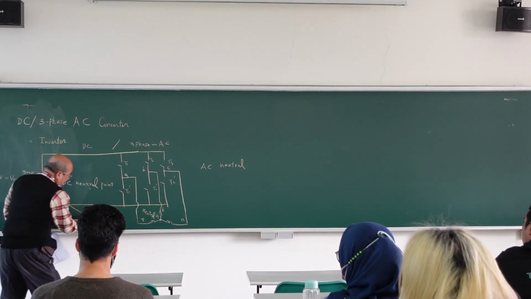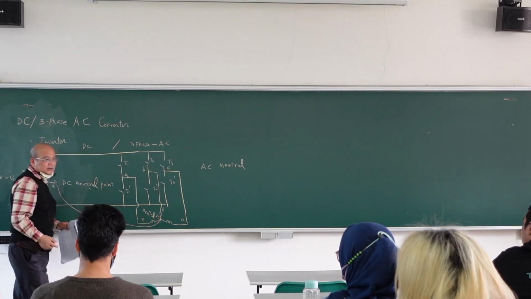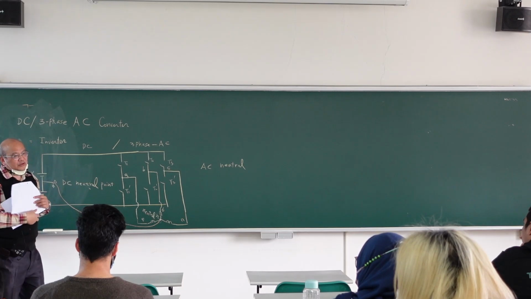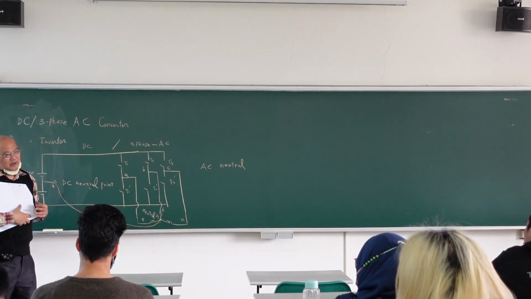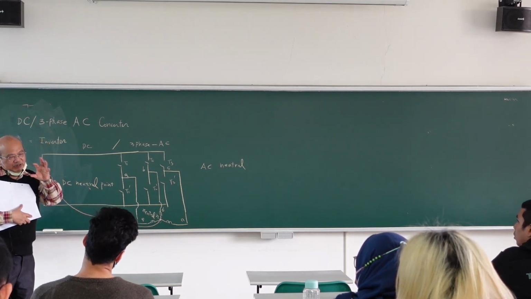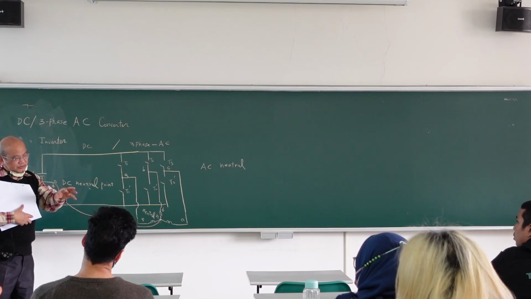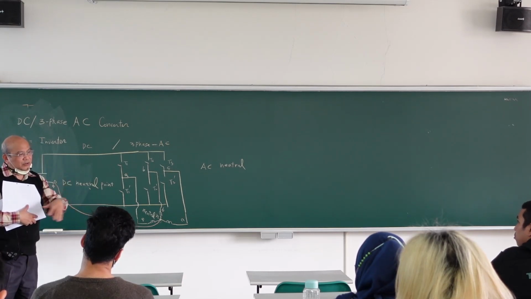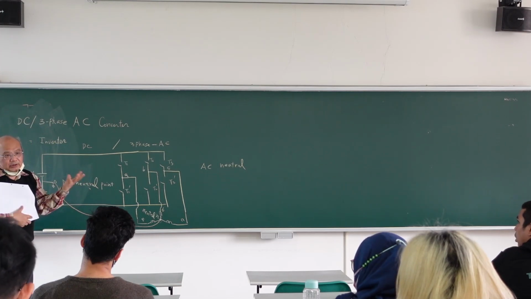Can we use a line to connect 2 points? Do these 2 points have the same voltage? Yes or no? Do you think AC neutral and DC neutral you can use a line to connect, or you should isolate? Isolate.